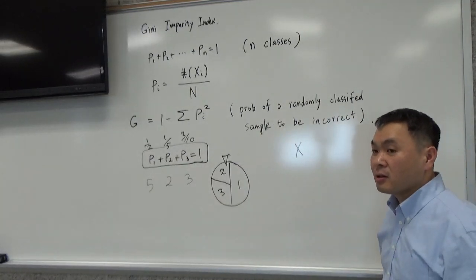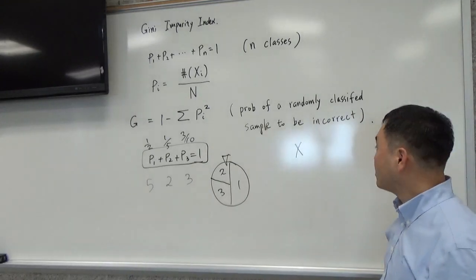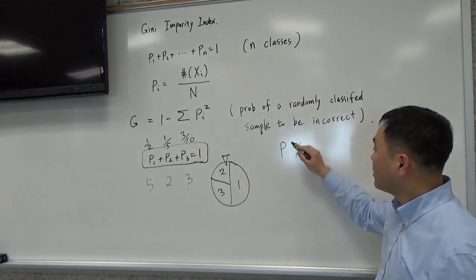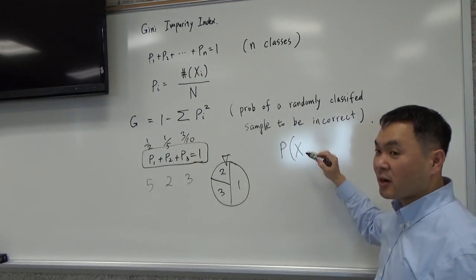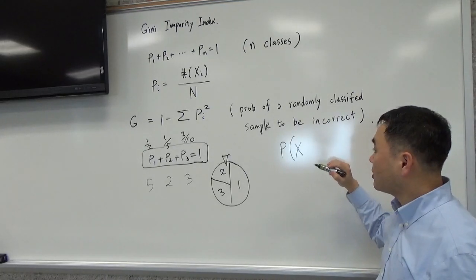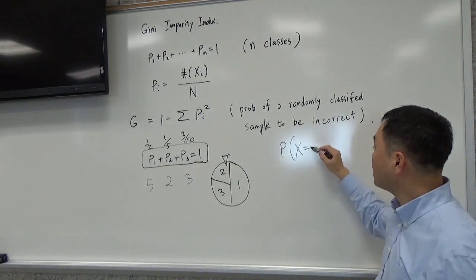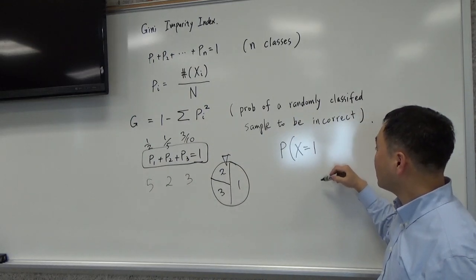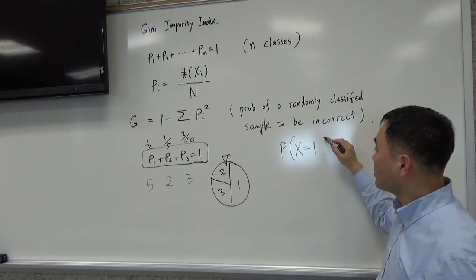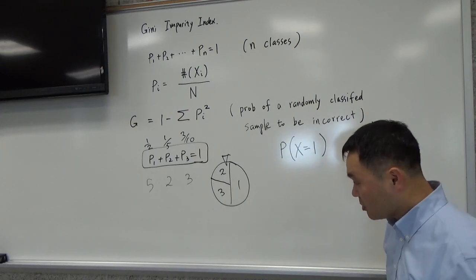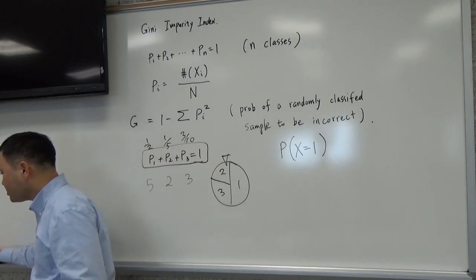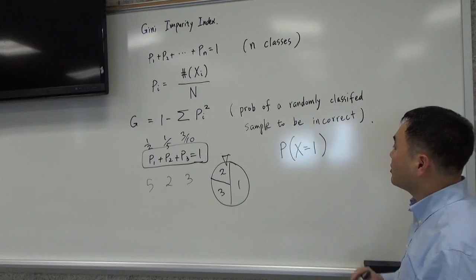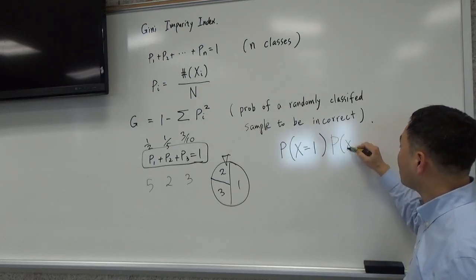Now, what you want to know is the probability of x being classified as 1, times the probability that x was from 1.